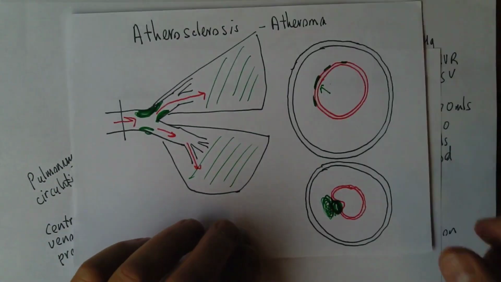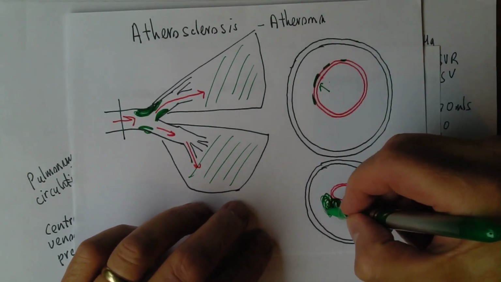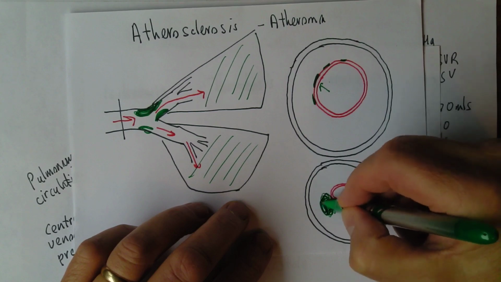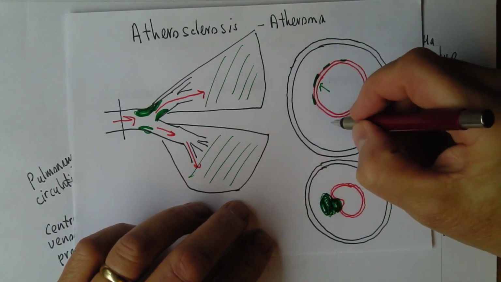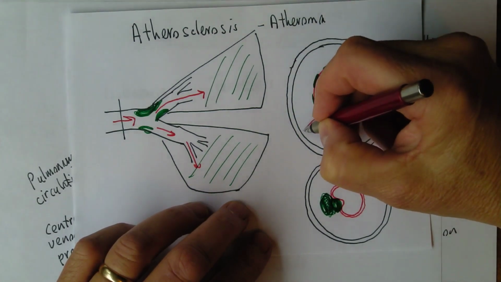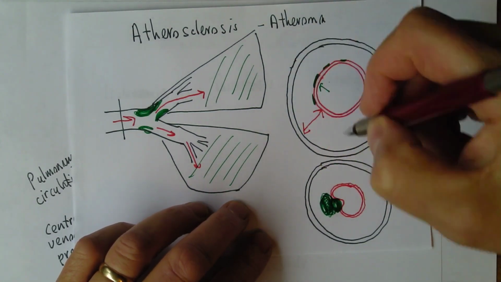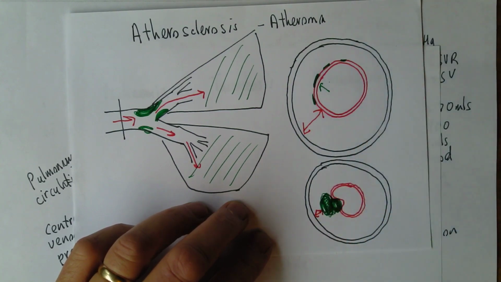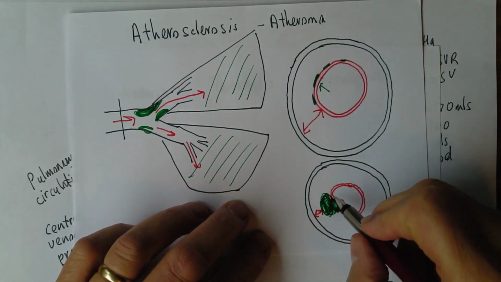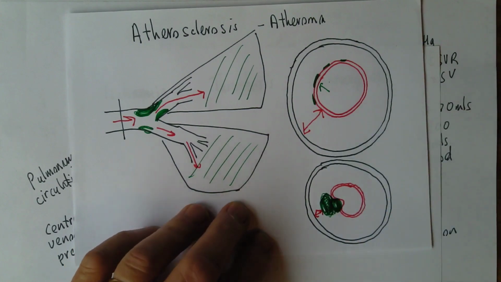Because as the atheromatous plaque develops, you see that's all atheromatous plaque there now. That means that there used to be this distance here of viable arterial wall. Now there's less distance of viable arterial wall, so that's going to be weaker. And the lumen is going to be smaller because it's pressing in.